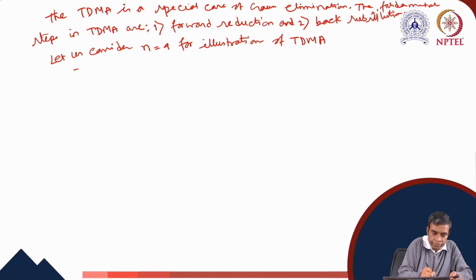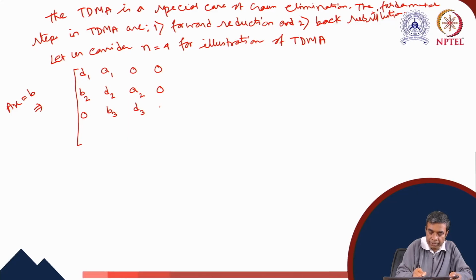So we have the matrix Ax equals to B. This is given as D1 A1 0 0, B2 D2 A2 0, 0 B3 D3 A3, 0 0 B4 D4.